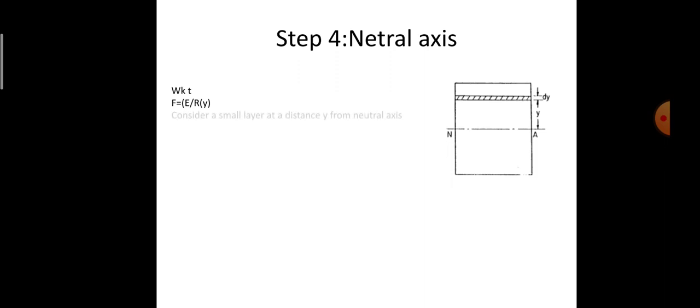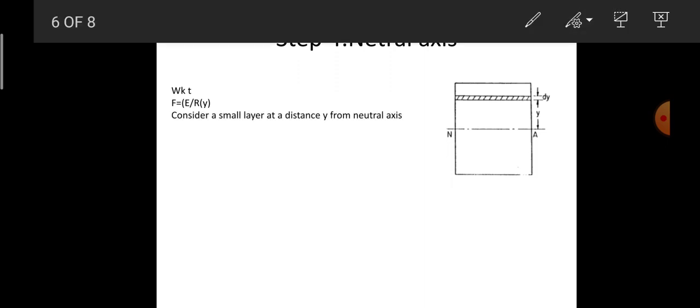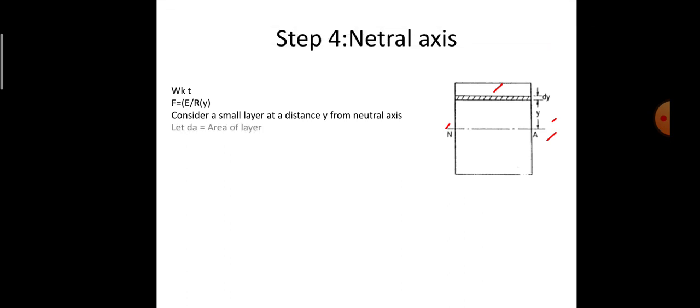Here I have taken a cross section of the beam, wherein NA represents the neutral axis, and I have also considered a small layer. This shaded portion is the small layer, which is at a distance of y from the neutral axis, and let dA be the area of this shaded layer.